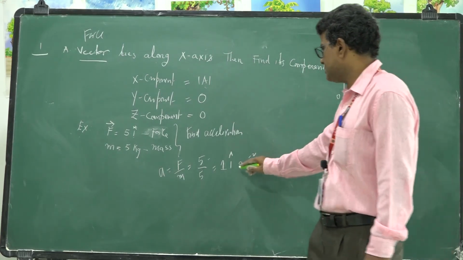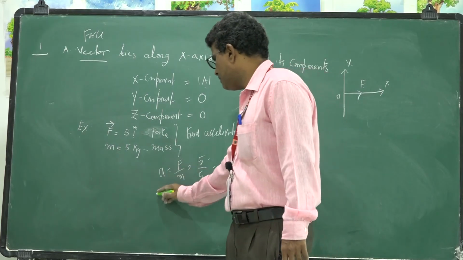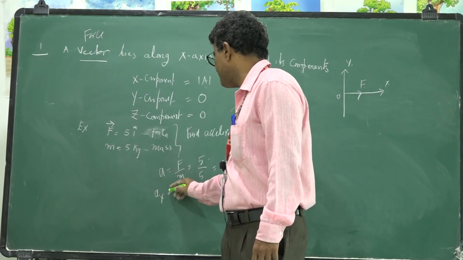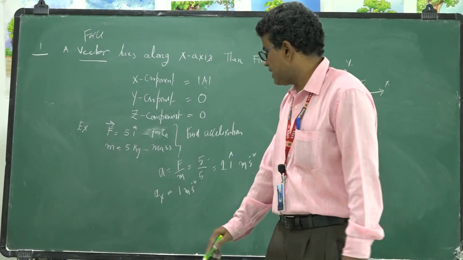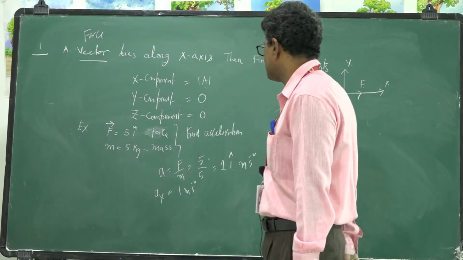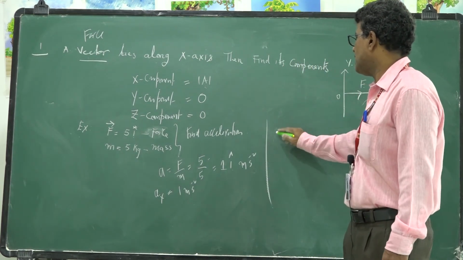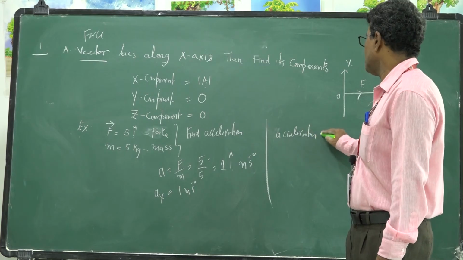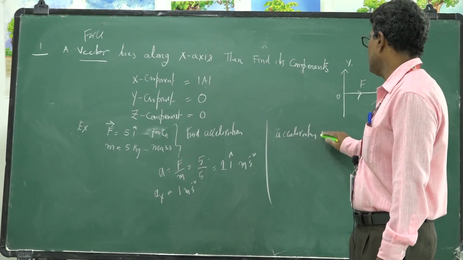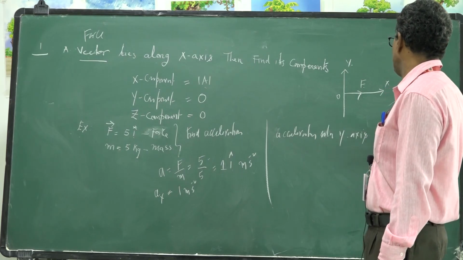So this acceleration is along x-axis. We can also call it the x component, 1 meter second to the power minus 2. For this question, what is the acceleration along y-axis? What is your answer? It should be 0.